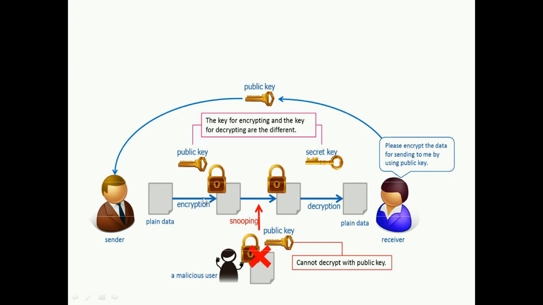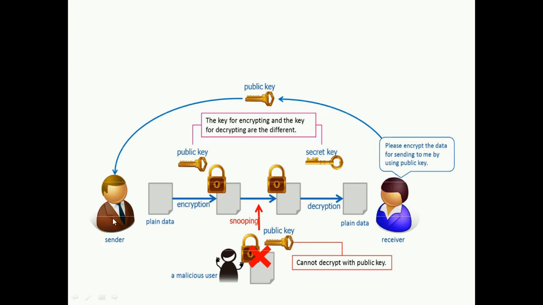So when this is sent from sender to receiver, she gets the message, the original one, and it gets decrypted by a secret key. Now this secret key is nothing but this person's key. So the public key is hers, and the secret key is also hers.